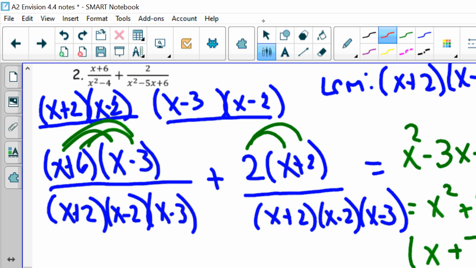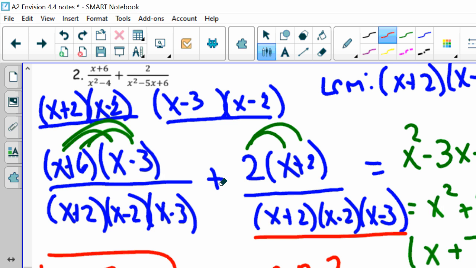So now I'm going to look at anything that I can cancel out, top and bottom, both of x minus 2. So my final answer is x plus 7 over x plus 2, x minus 3. That's what I get when I add those together. My domain, remember I go to this original, my LCM, so x cannot equal negative 2, positive 2, or positive 3. Okay.